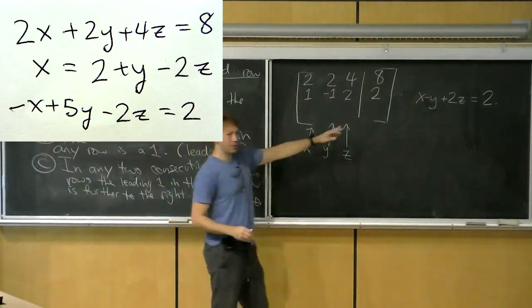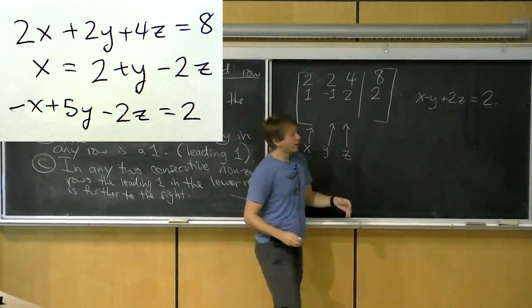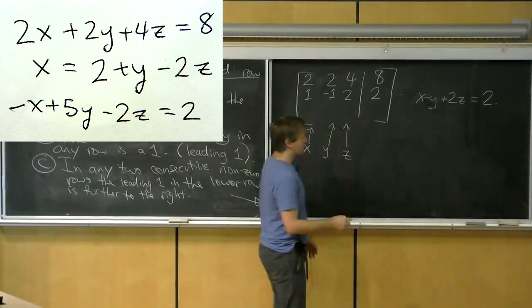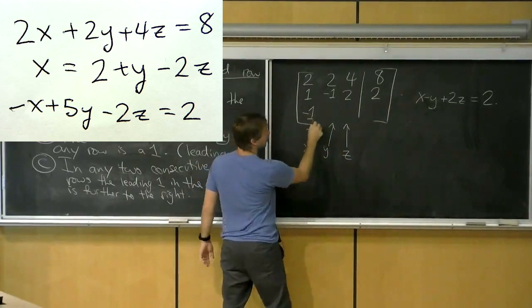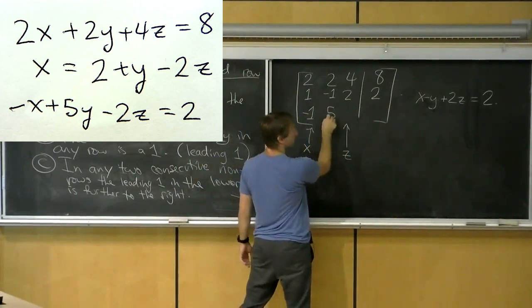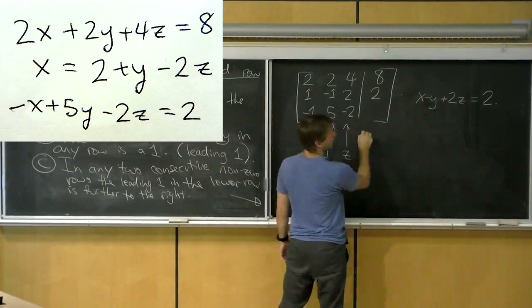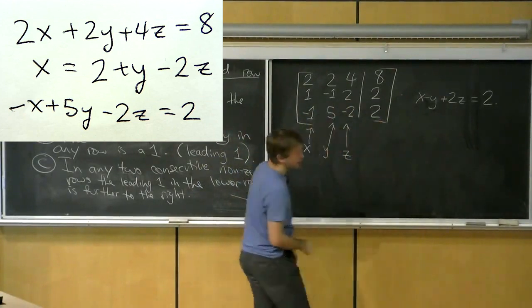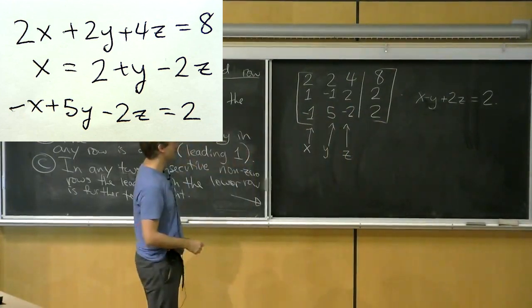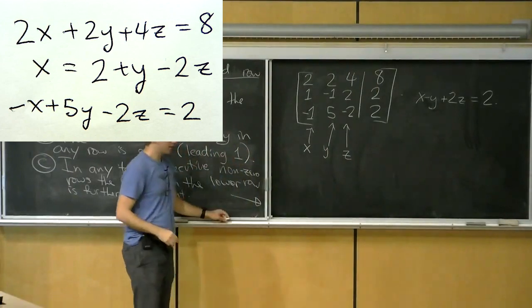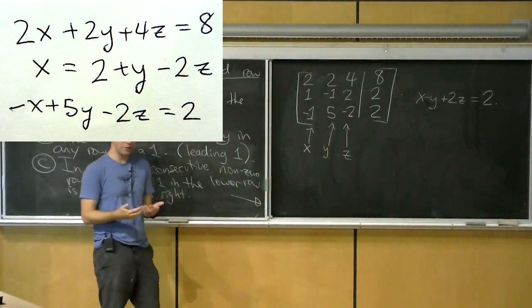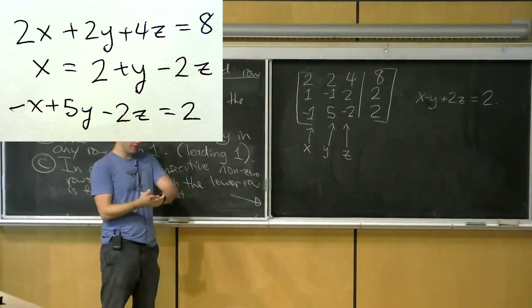And then on this side, you put the number that it equals. The third one, okay, that's straightforward. It's just -1, 5, -2 equals 2. Right? So this is a step you need to be able to do even before you start solving your system.